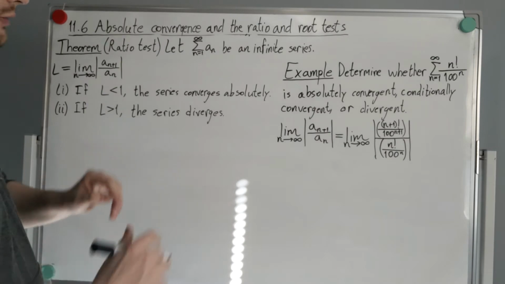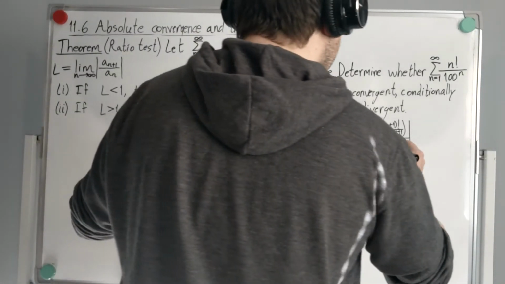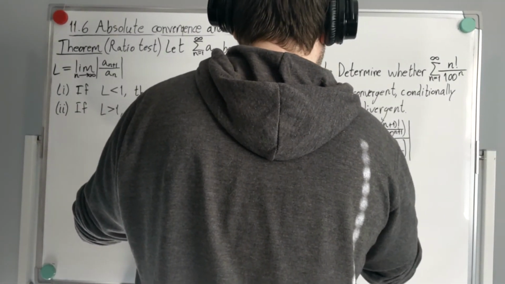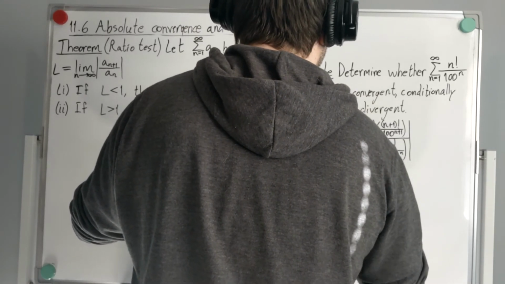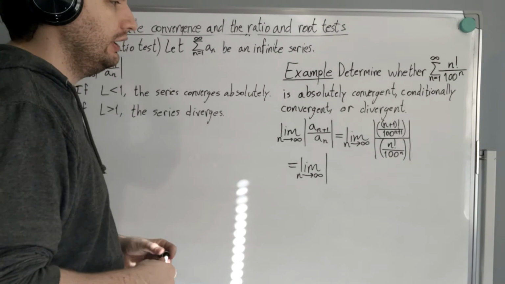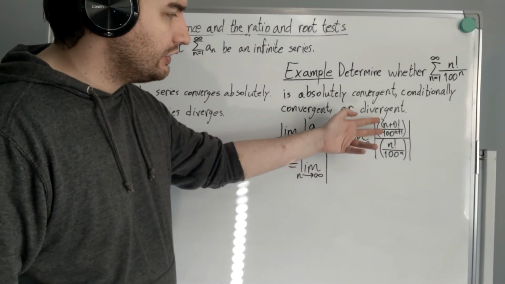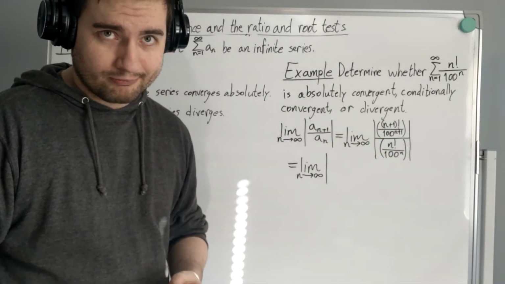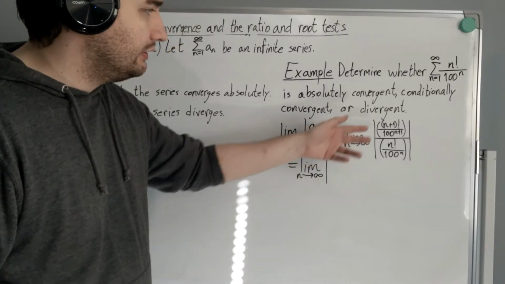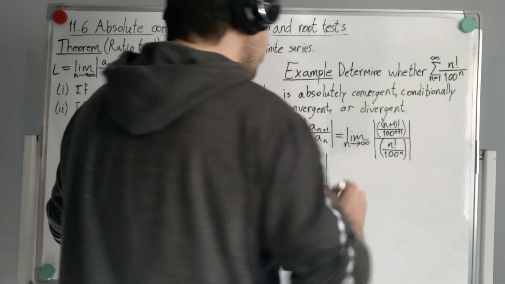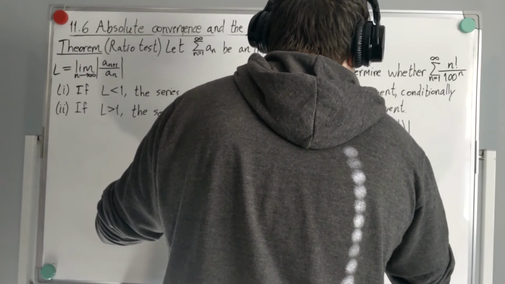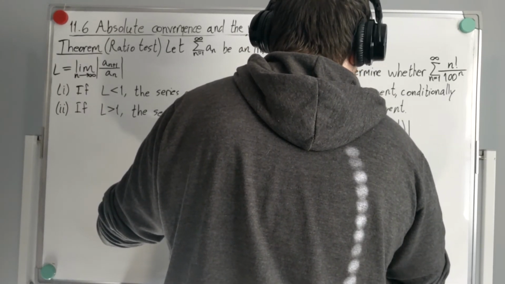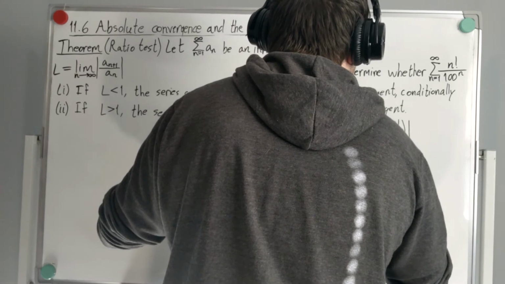Anyway, this is the limit as n approaches infinity of the absolute value of, all right, so we want to take this fraction and divide it by this fraction. The way to do that is to take this top fraction and leave it alone. So we're just going to copy this: n plus 1 factorial over 100 raised to the n plus 1.